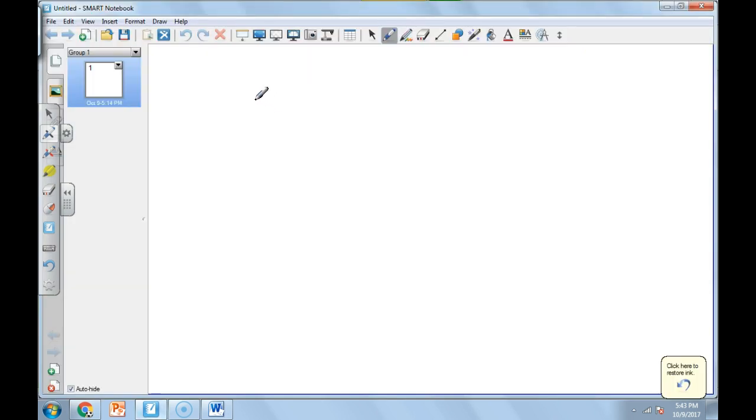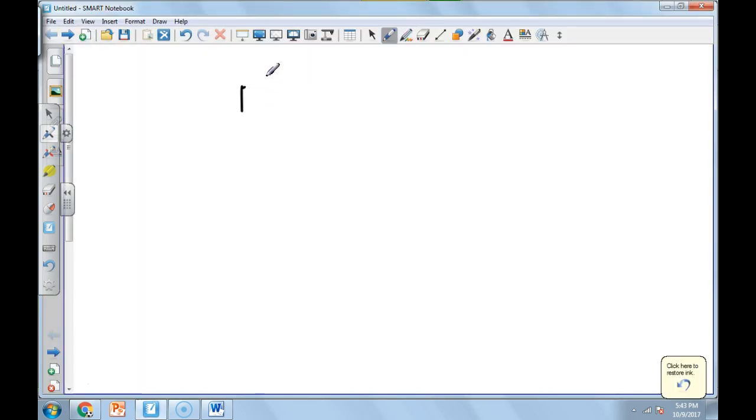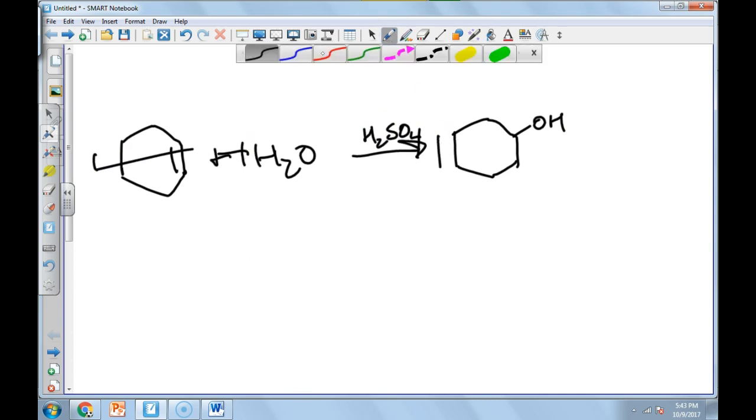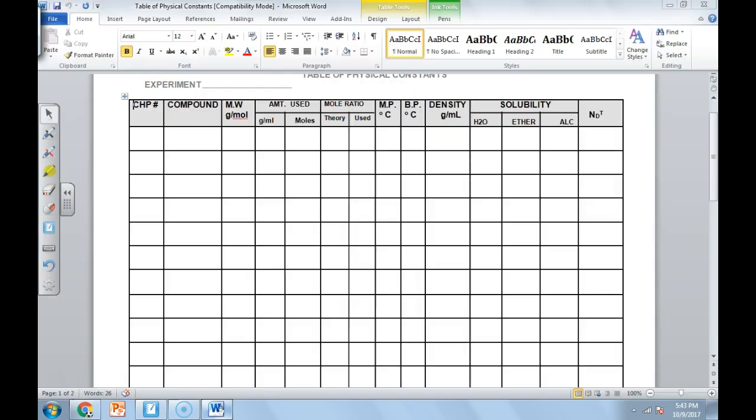In theory, when we have the reaction here, the reaction has a 1:1:1 ratio. That's the theory behind this. So when you go fill that out here, you should put 1, 1, 1 in there.